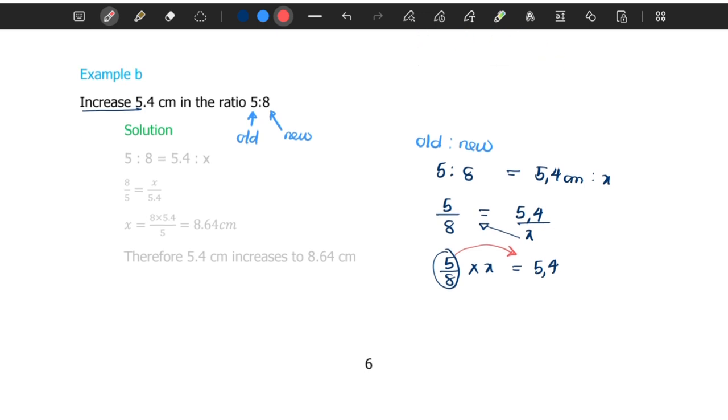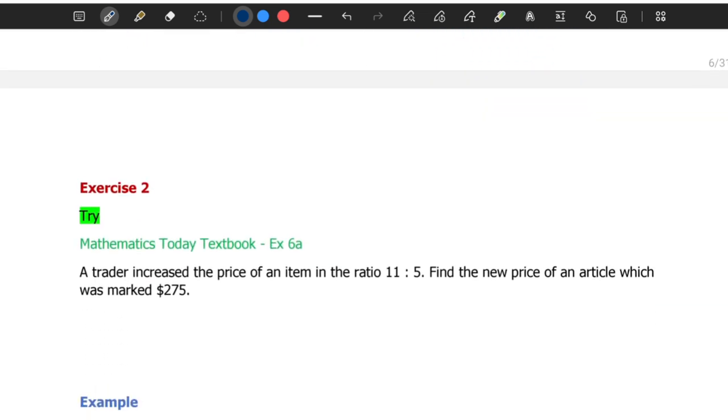When it crosses the equal sign, it's inverted. Making x the subject of the formula will be covered in a separate topic. So x is equal to 5.4 times 8/5. And then when we compute that, we get 8.64 centimeters as x. That is the new length. And that's an example.